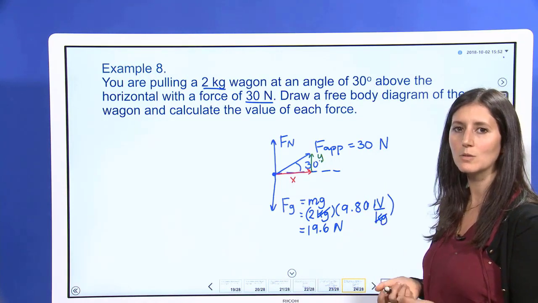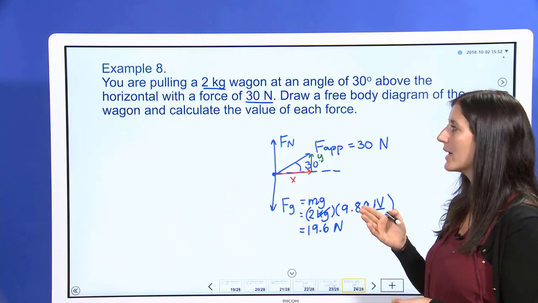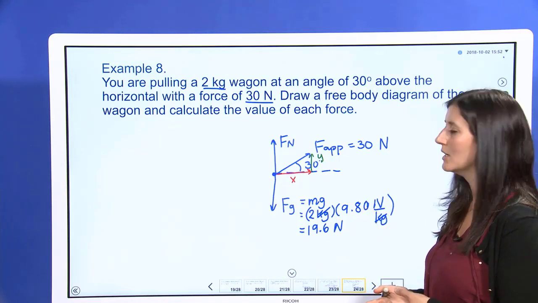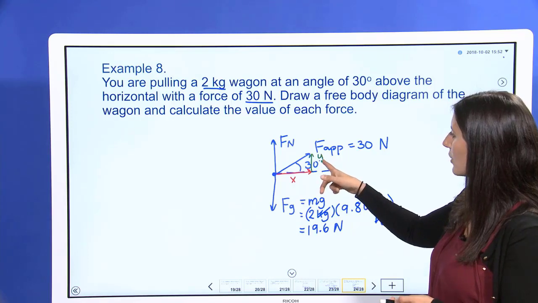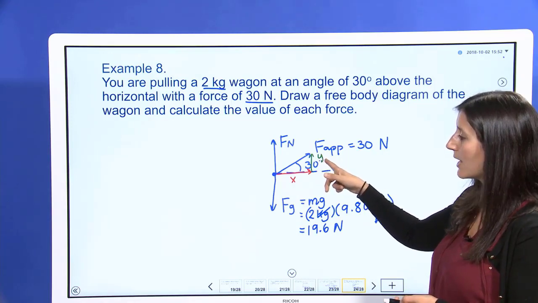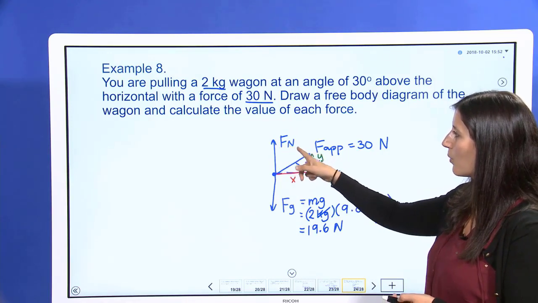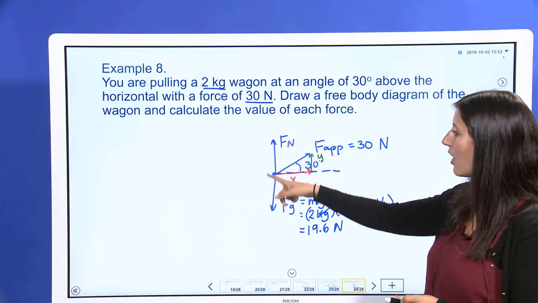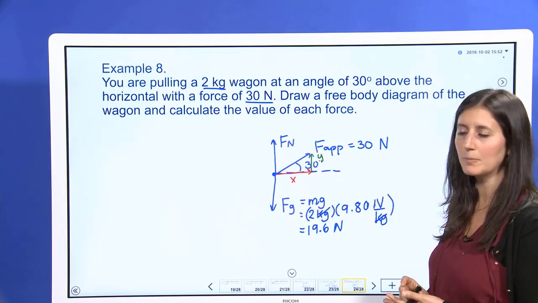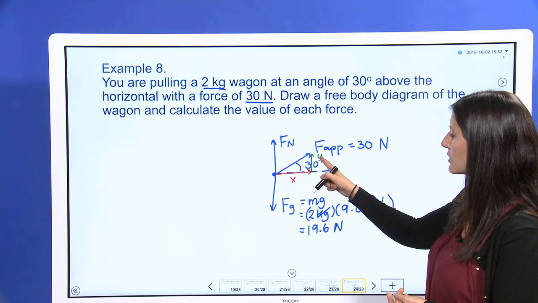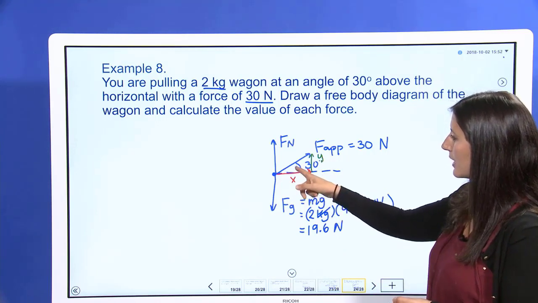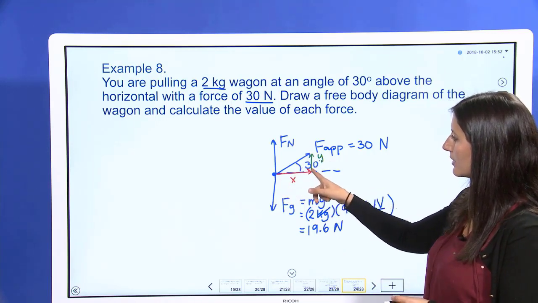So what we want to do is make it so that all of the y components cancel each other out. So we're going to calculate the y component of this F applied. And we're going to find the normal force so that all of the y components cancel out. So first, let's find this y component. Well, here we have a right-angled triangle.